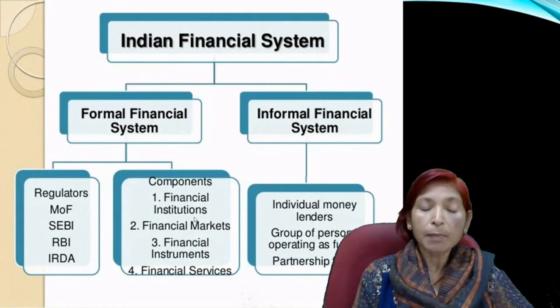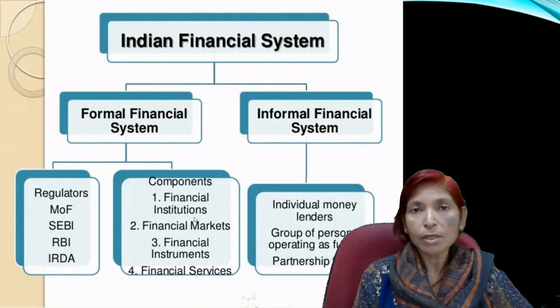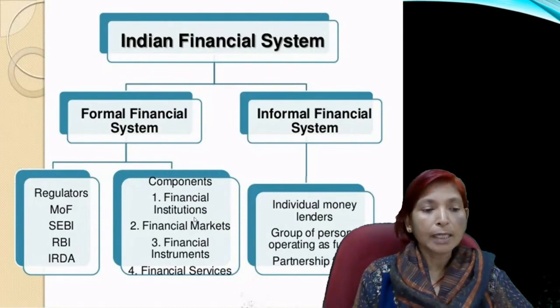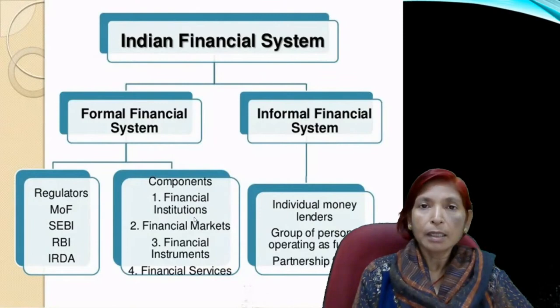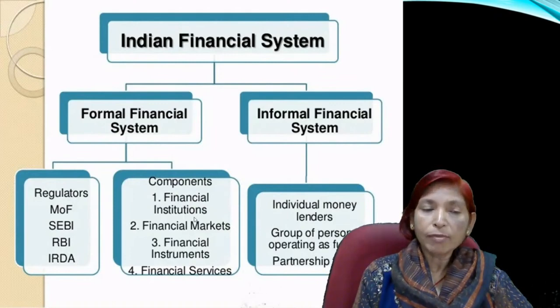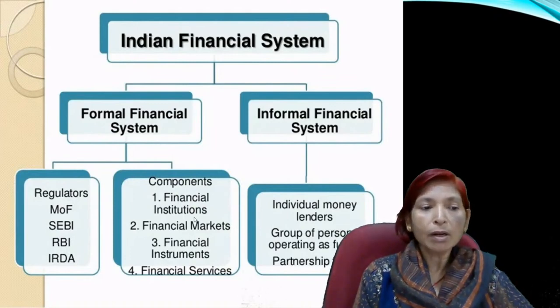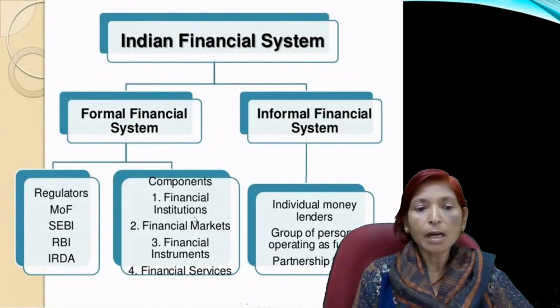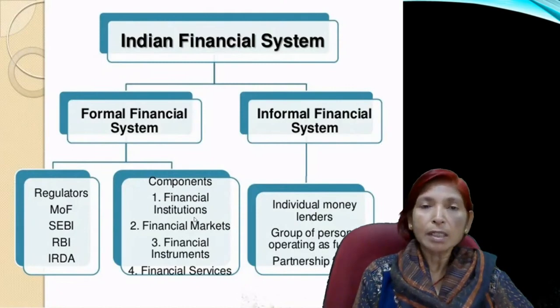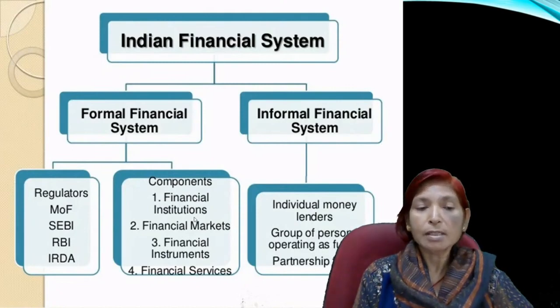And SEBI deals with the securities, shares, bonds, etc. And IRDA, Indian Regulation Development Authority, and MOF, Memorandum of Funds. So all these are the regulators of formal financial system, and components. What are the components of this financial system?